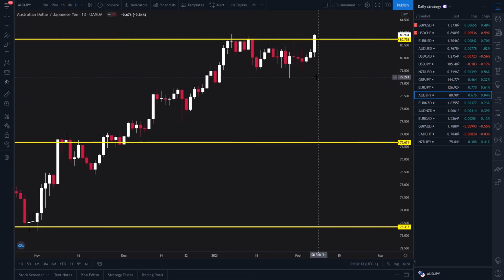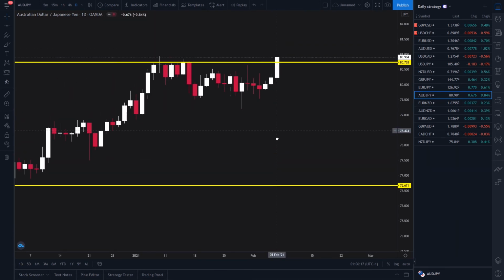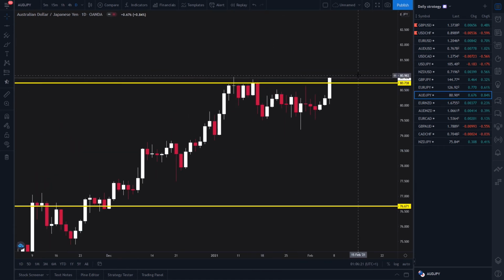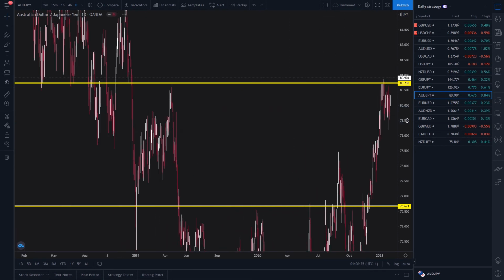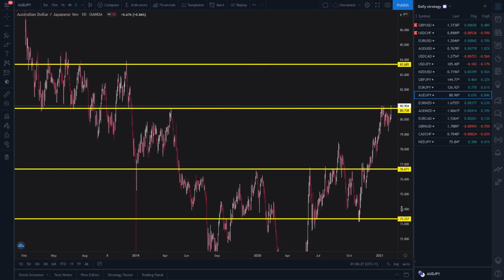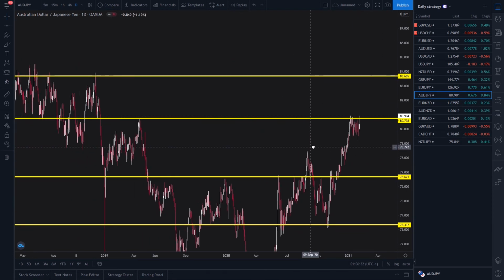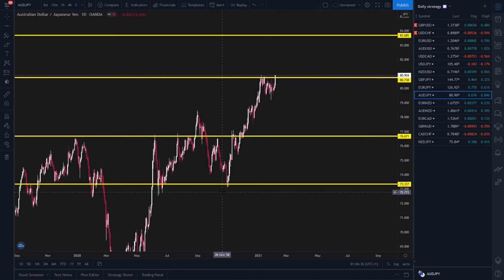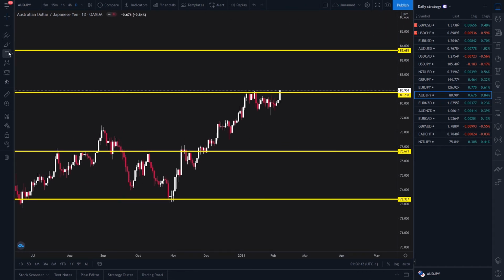AUDJPY closed now higher than the last, so we made a new higher high on this, so we can possibly look for a breakout to the higher zones on Monday, because if we look, we made a strong push, just a little bit of pullback. We can consider this as a flag also.